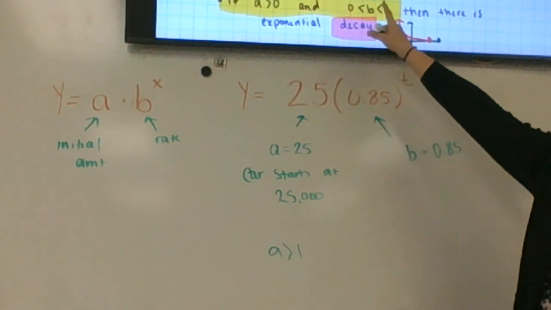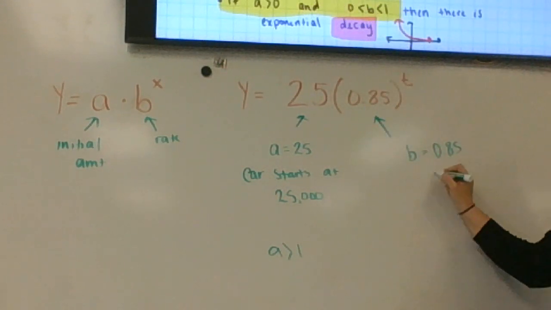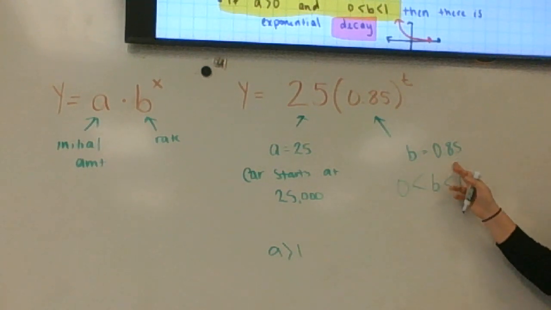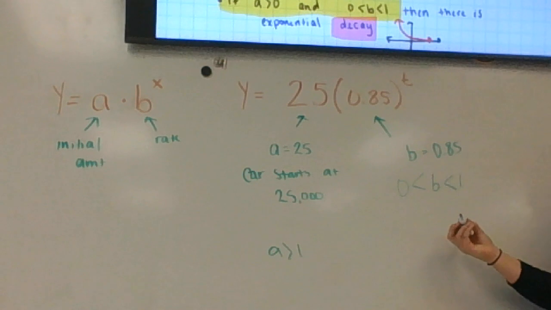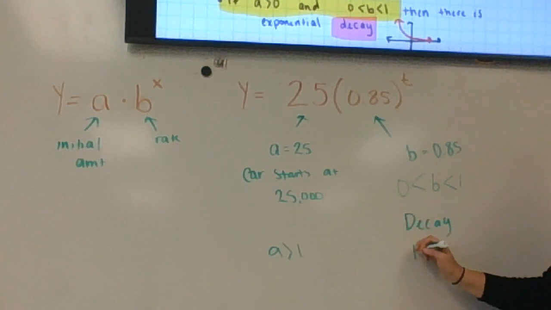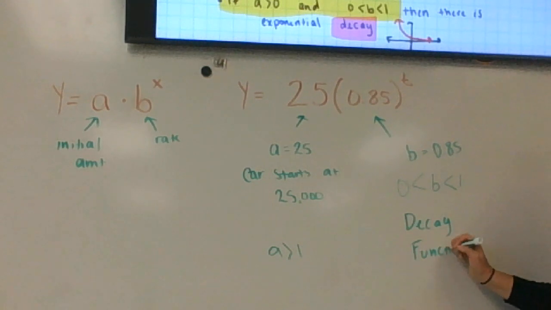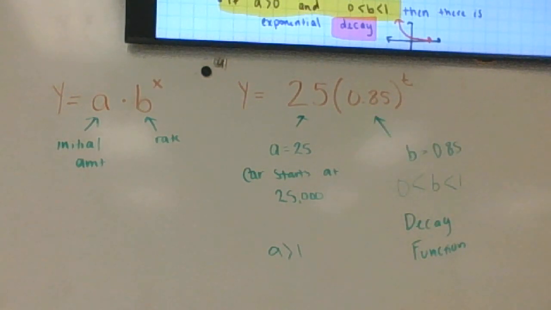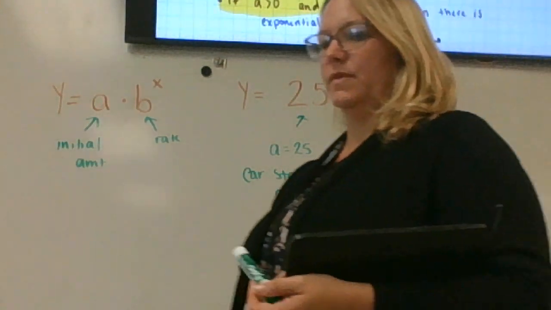If it's decay, B is between 0 and 1. So 0.85 is less than 1. So this means this is a decay function, because we got a number in there less than 1. Which you guys know, when you get a car, if it starts at 25,000 after so many years, it's worth less, right?